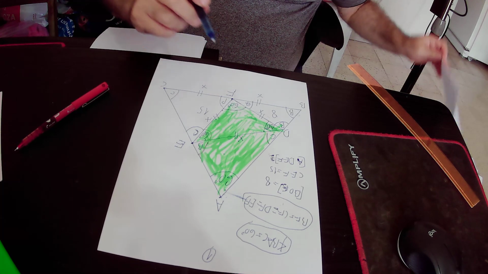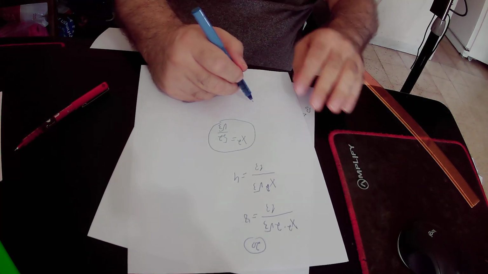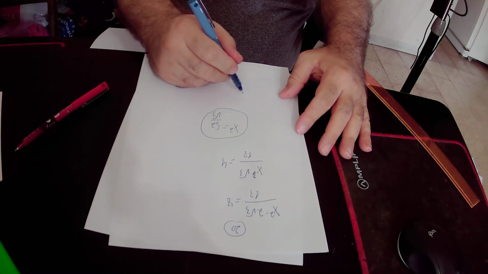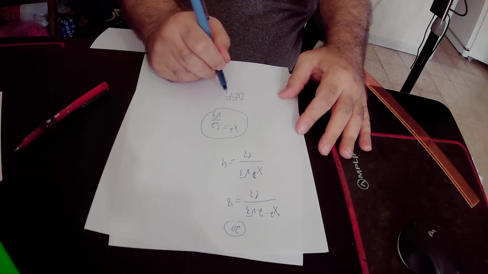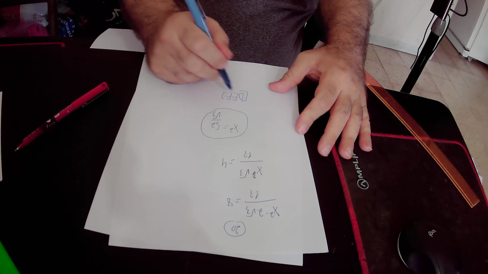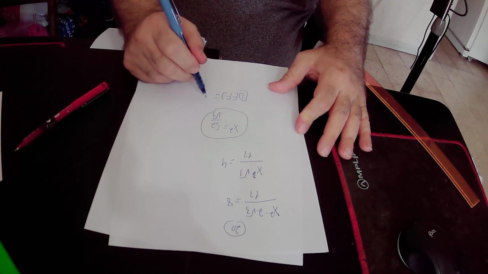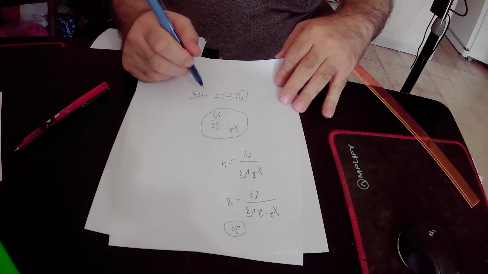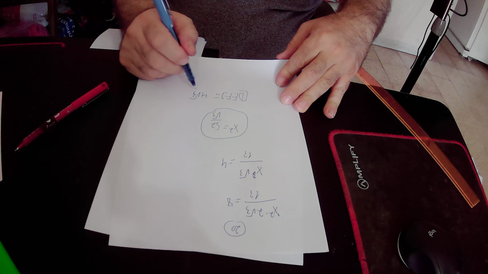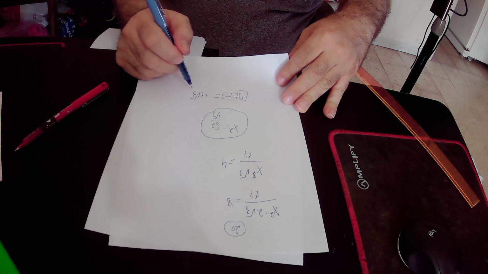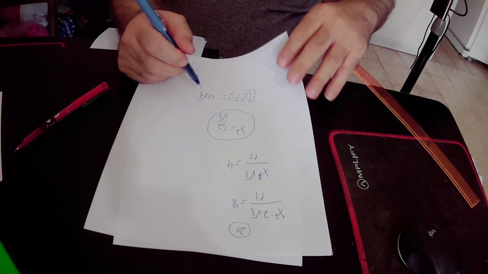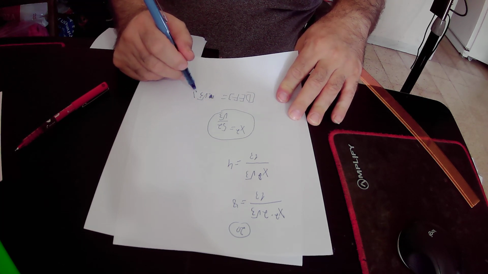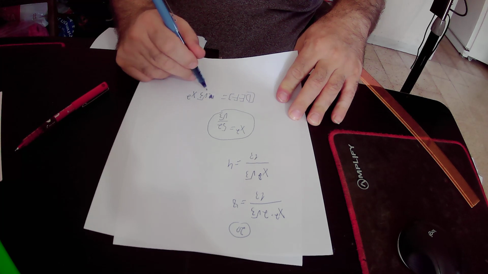So in total we got that the area of the equilateral triangle DEF equals to root 3 times x squared over 4.